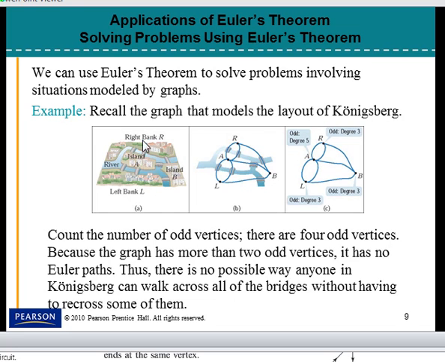And you can do a graph of this. And this is what the graph would look like if you graph this situation that we have here. You have A, L, B, R. Those are your points. Those are your vertices.